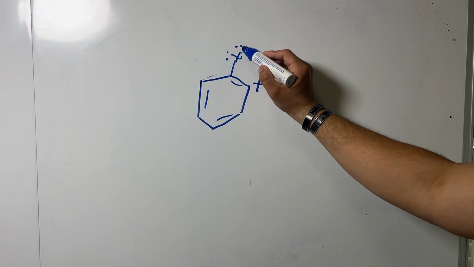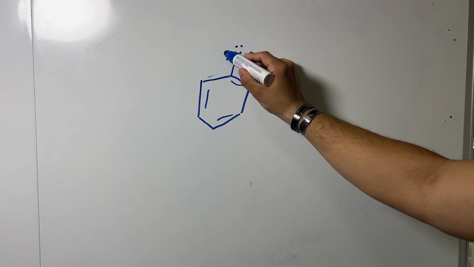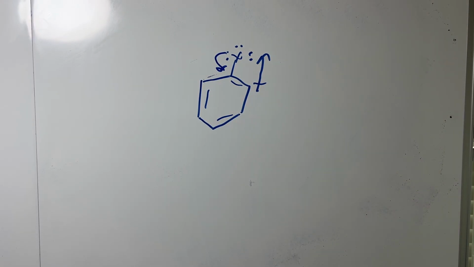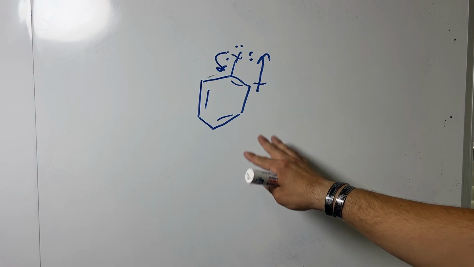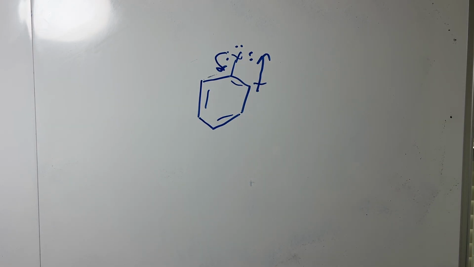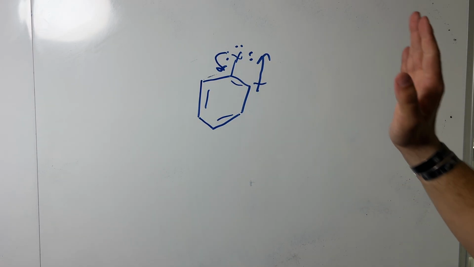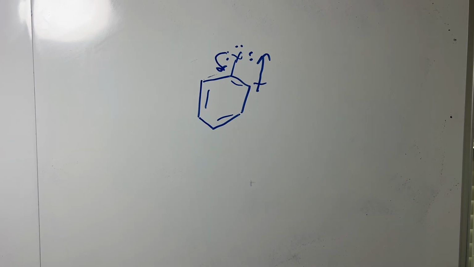However, because it does have these non-bonding lone pairs, they can be donated back into the ring in a somewhat similar sense to the electron donating groups. And so that's why it's stabilized. And that's what makes it this exception. So where it's that ortho para director, but it is deactivating to the ring.